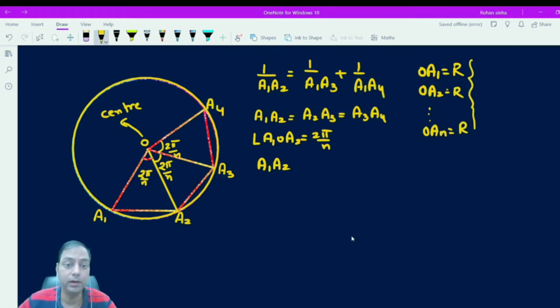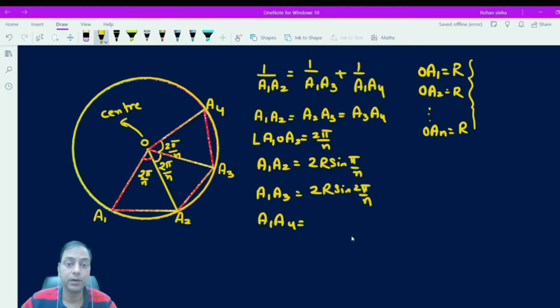R is the radius of the circle. So A1A2 is equal to 2R sine pi by n. Similarly, A1A3 is equal to 2R sine 2 pi upon n. And what about A1A4? This is 2R sine 3 pi by n.